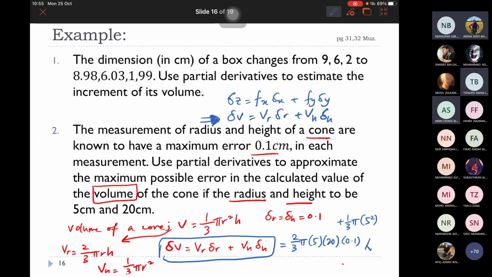So what is the answer? Correct, 23.565 cm cubed. That is the change in the volume.